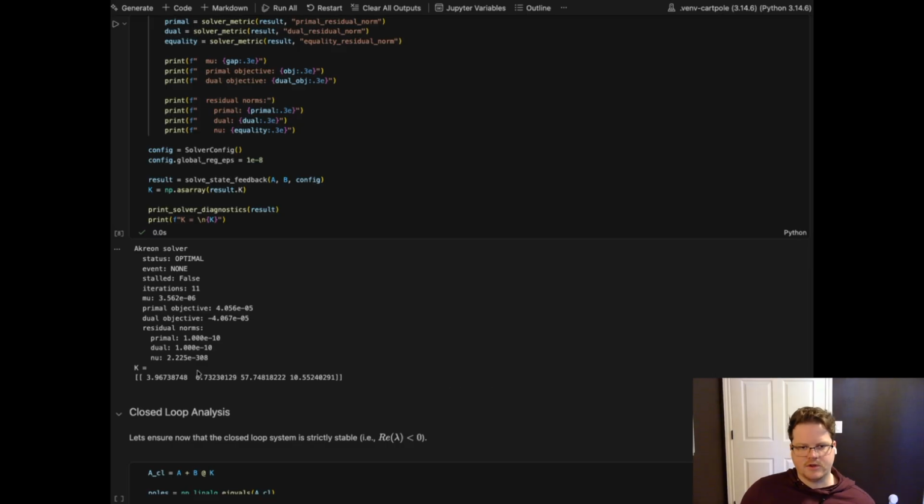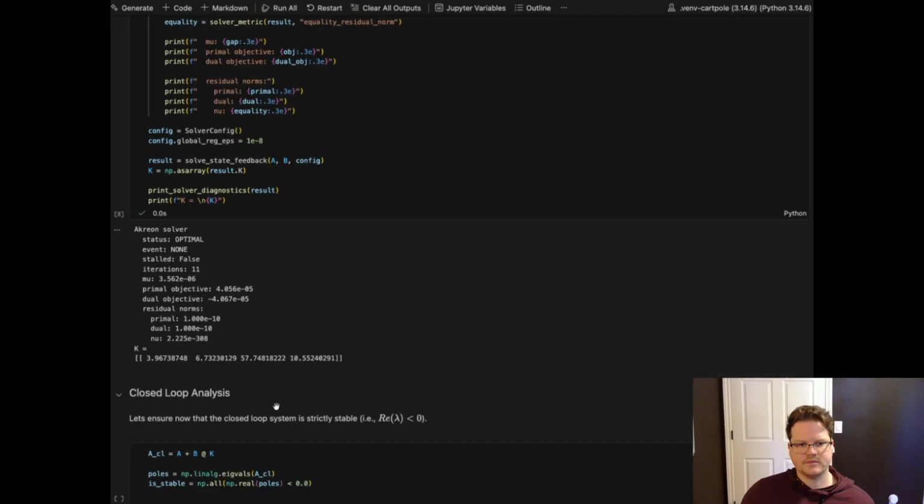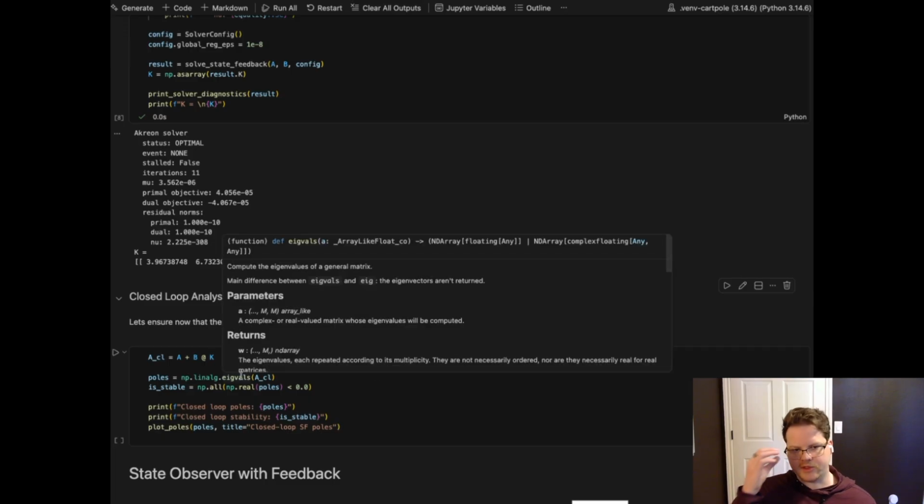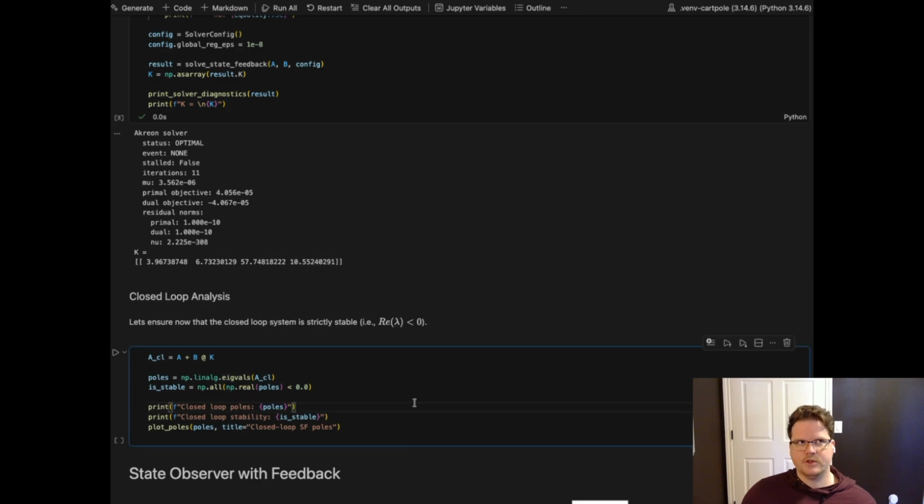So we have this controller that we've synthesized now from this LMI above for the Cartpole. So now let's actually do a closed loop analysis on it. Before, when we plotted the poles, we saw we had some right half plane poles and some at the origin.